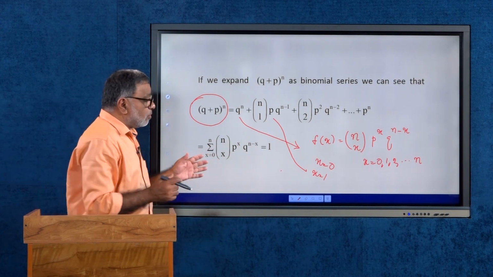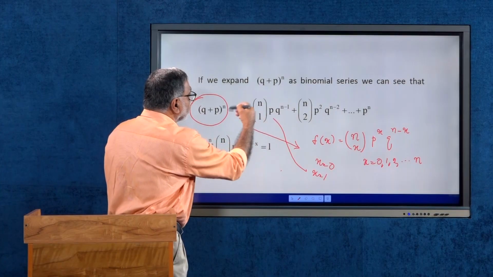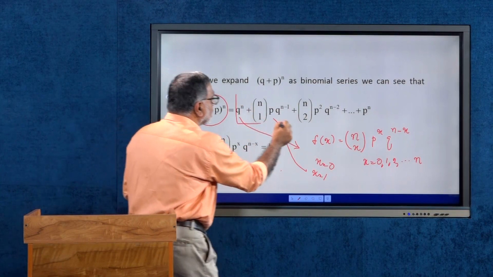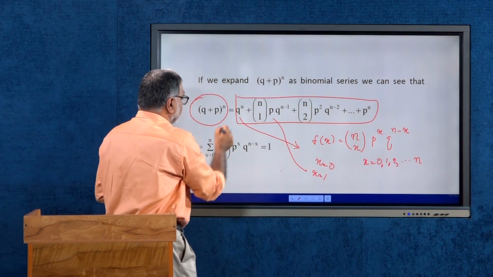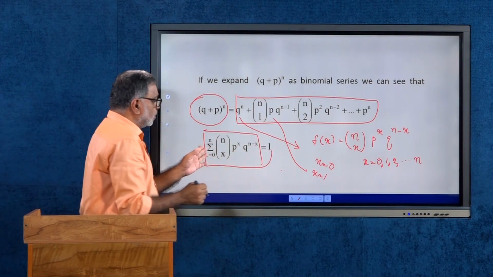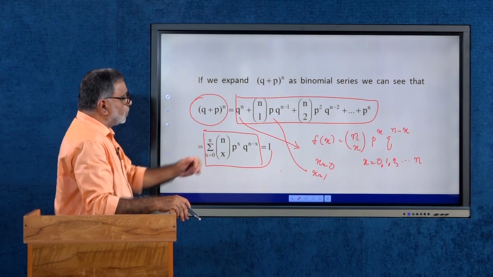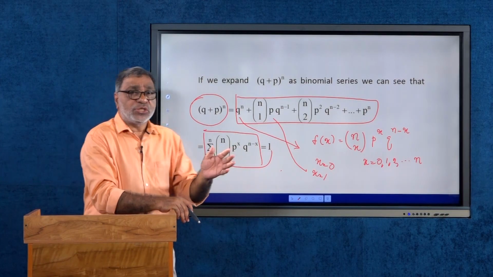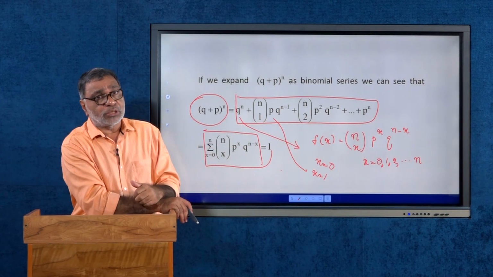And also note that if you are expressing this quantity, it is a sum, sigma x equal to 0 to n, nCx p^x q^(n-x), and that is naturally equal to 1 because it is a probability mass function.